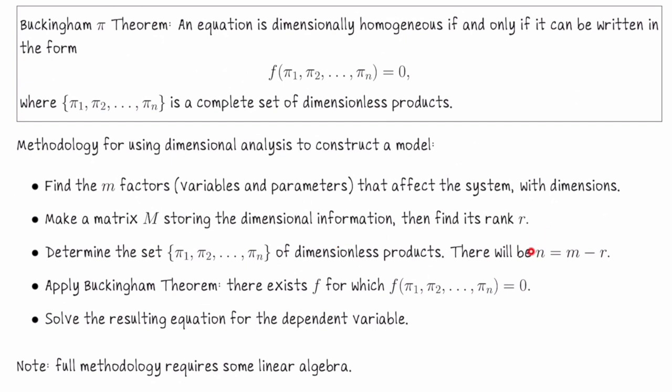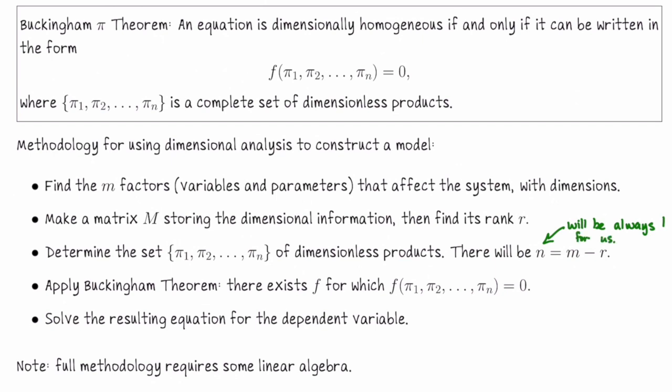In theory, how many dimensionless products will we have? The difference between the number of factors we started with and the rank R of the matrix. This will always be 1 for us. Not in general, but for us, it will always be 1.